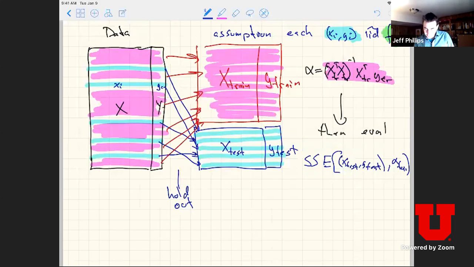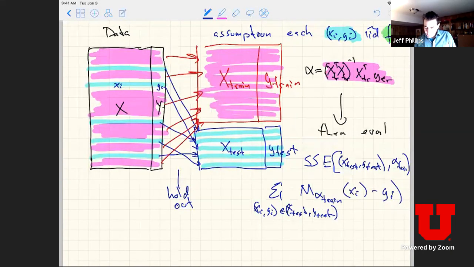Okay, so this is going to be the sum over i equals 1 up to n test. In this case, there are 5 blue lines I've evaluated here. Or maybe I'll write this as xi, yi from X test, Y test, and I'm going to evaluate the model from alpha train on xi, minus yi, squared.